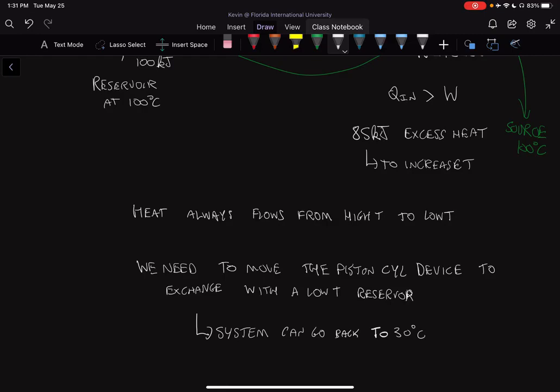Okay, so that's why in order to make a system work in a cycle, you have to exchange with hot temperature and then exchange with cold temperature to bring it back down.